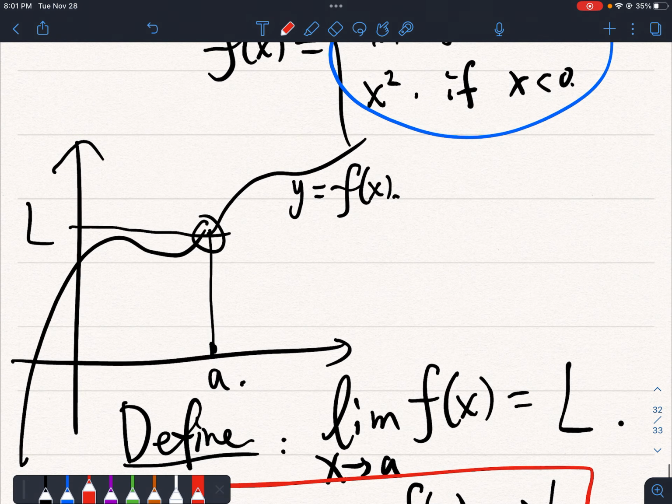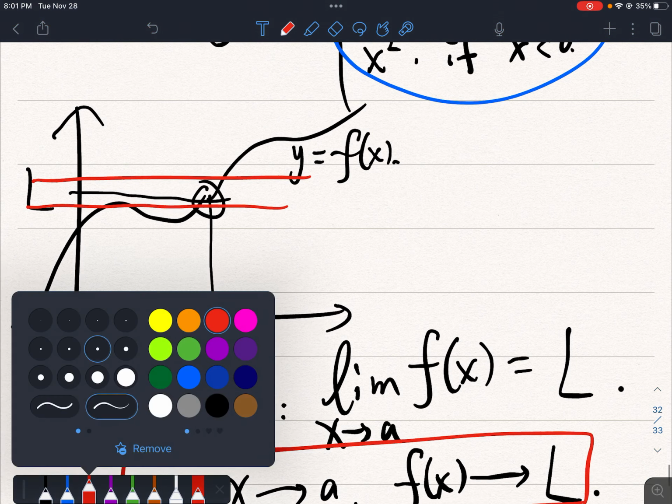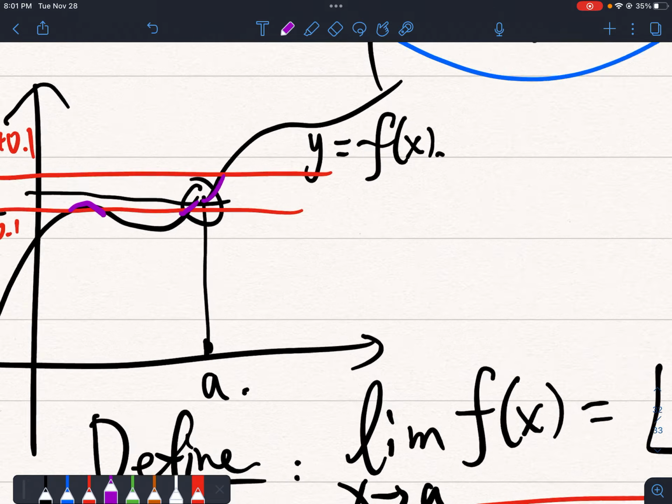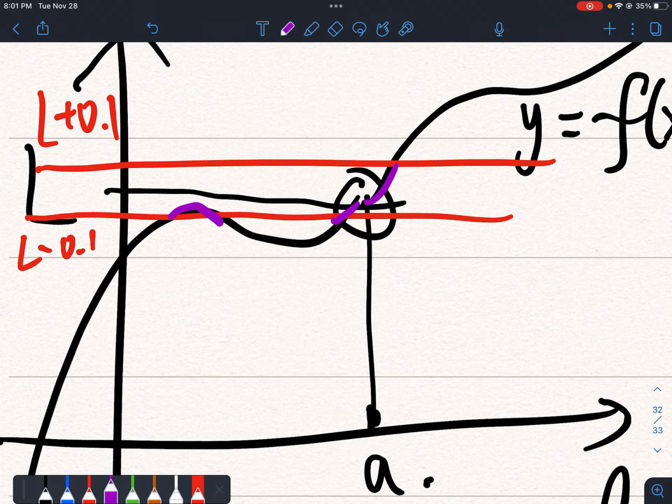Which means if we look at all the points that are within, let's say, 0.1 distance of the value L, and then we look at all the x such that f of x is within this interval, say L minus 0.1 and L plus 0.1, then we have 2 parts.